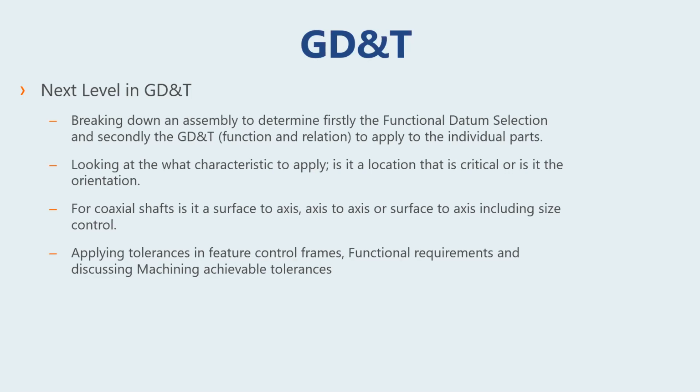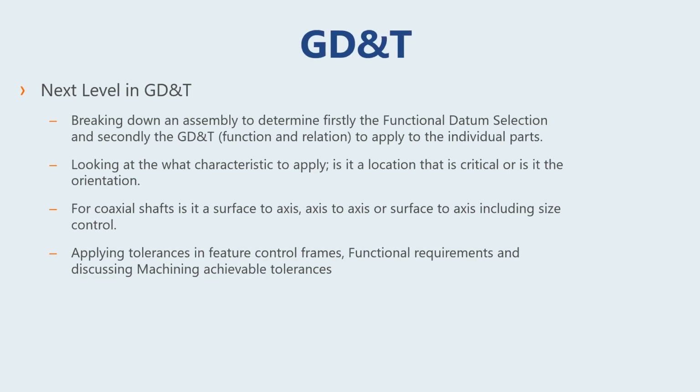We start to ask ourselves, what is the best characteristic to apply? Is it a location that's critical, or is it an orientation? That will help us determine whether we should put on a positional or profile callout versus a parallelism or perpendicularity callout. So we want to make sure we look at which characteristic to apply.